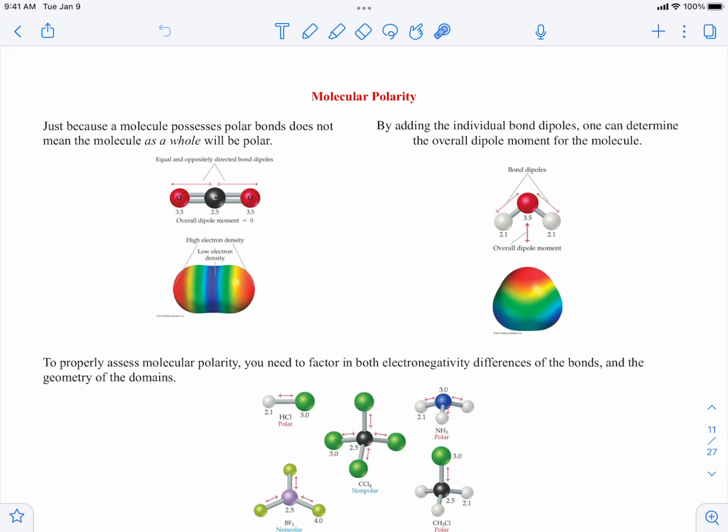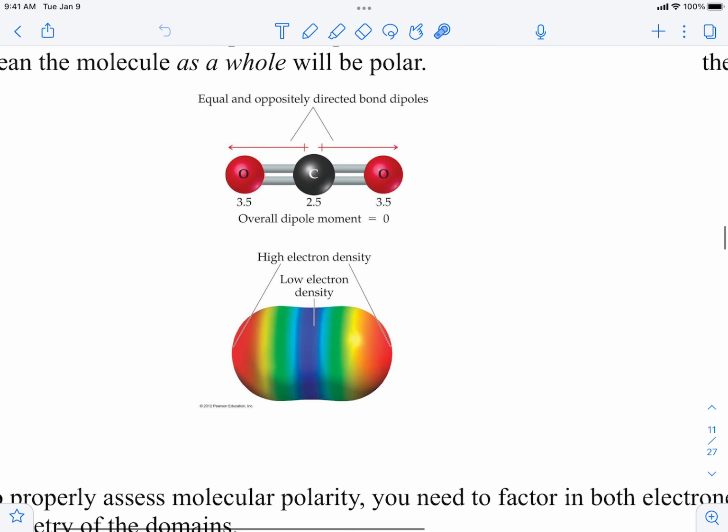If we take a look at CO2, for example, in the molecule, you've got an electronegativity on carbon of 2.5. On oxygen, you've got 3.5. So there is going to be a dipole in this direction, as indicated by the little arrow here, as well as in the opposite direction. Now, because of the geometry, these two dipoles are of equal magnitude but opposite in direction.